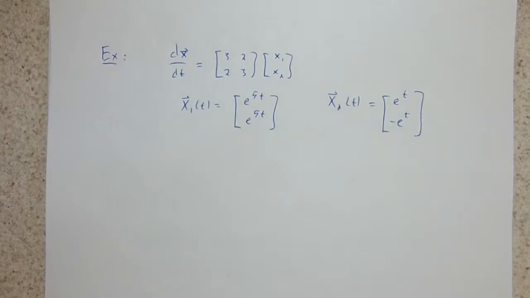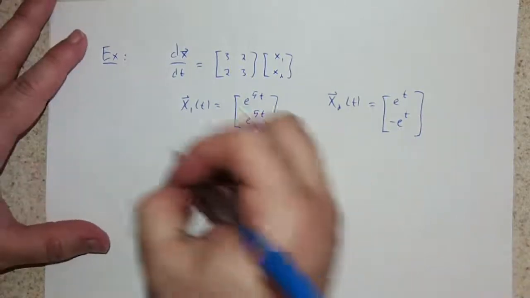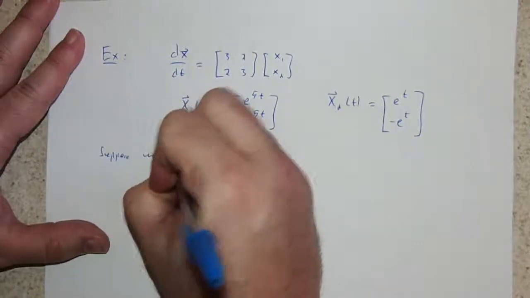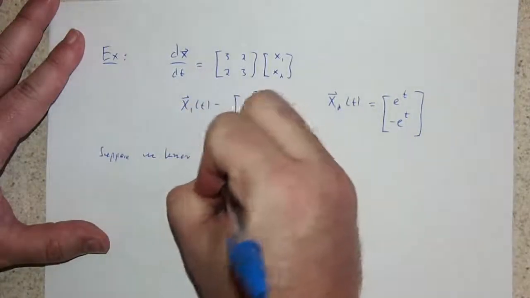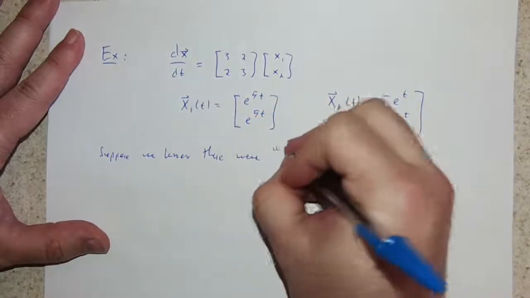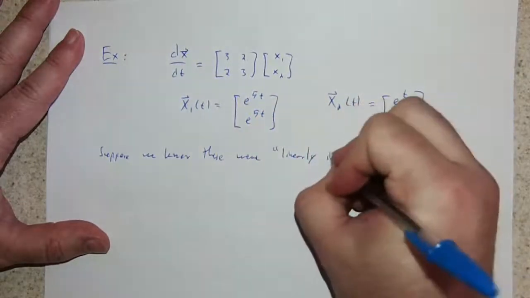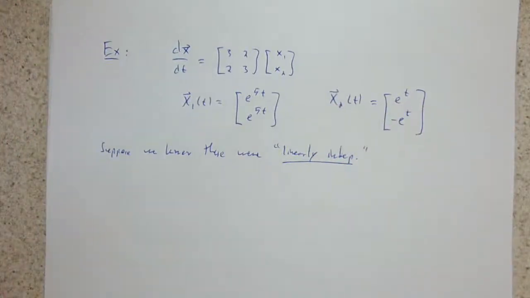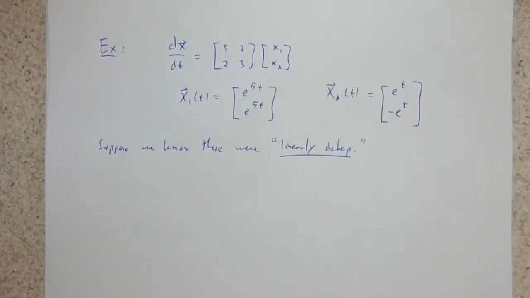Okay. Now, suppose we knew that these were linearly independent. What then?